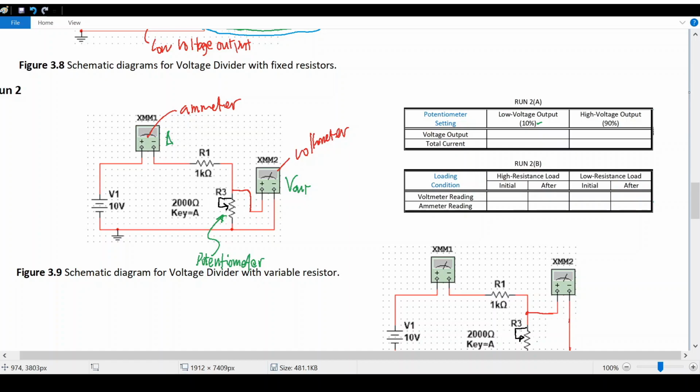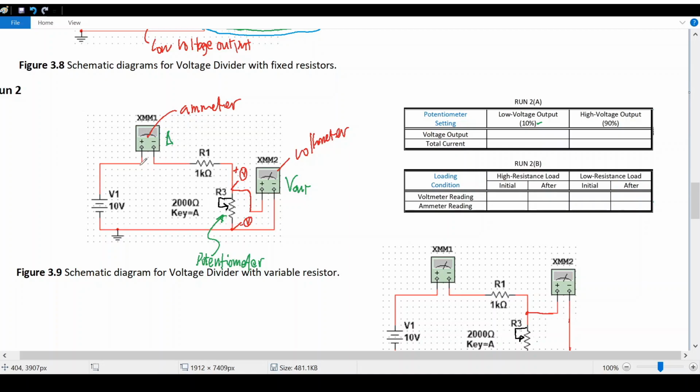In your Multisim, you will simply represent this voltmeter using a positive probe and a negative probe. This is the positive probe and the negative probe.